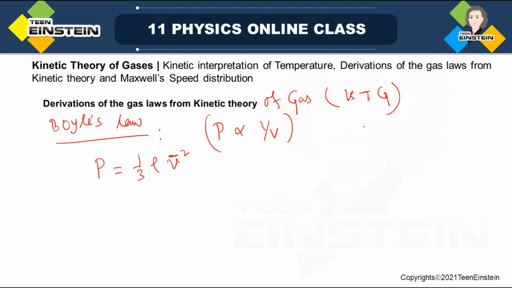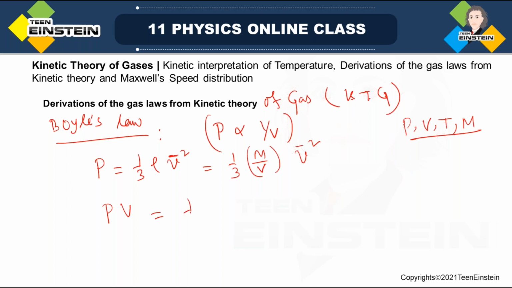If I take a gas having pressure P, volume V, temperature T, and molecular mass m, then I can write rho as m by V. So I can write PV is equal to 1/3 m v average square.